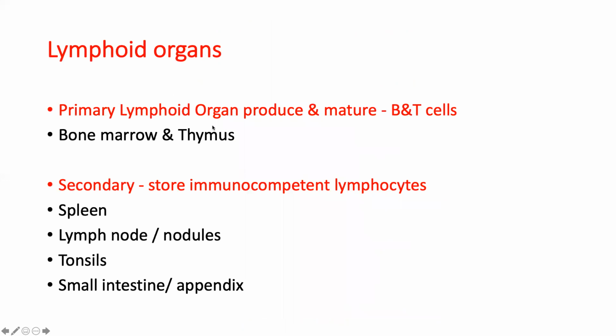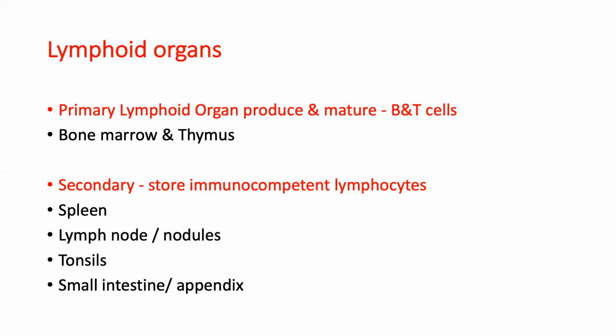Lymphoid organs can be divided into primary lymphoid organs and secondary lymphoid organs. Primary lymphoid organs produce and mature the B cells and T cells, for example the bone marrow and thymus gland. They produce lymphocytes and educate them, letting the T lymphocytes or B lymphocytes mature, and therefore they are called primary lymphoid organs.